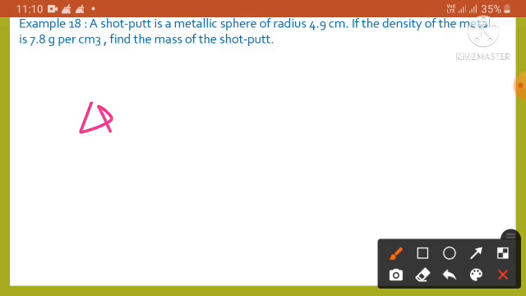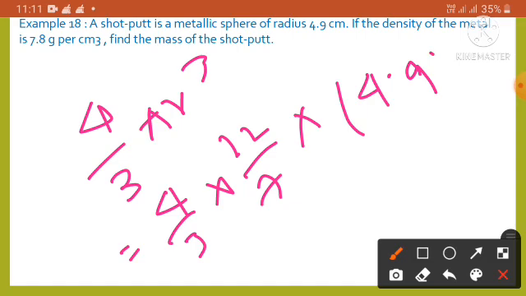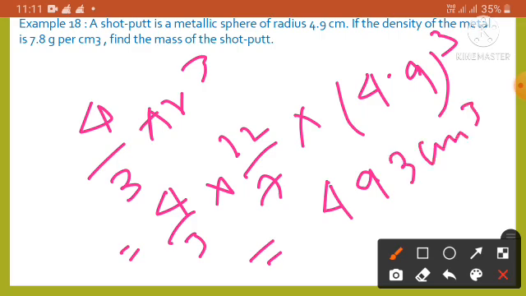It is 4 by 3 pi r cube, so here it is 4 by 3 into 22 by 7, and r is 4.9 and then cube, so approximately we are getting 493 centimeter cube as the volume of the sphere.